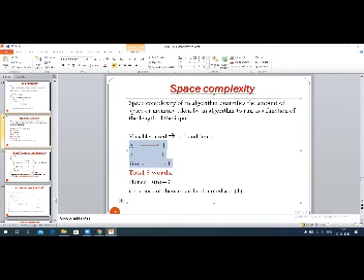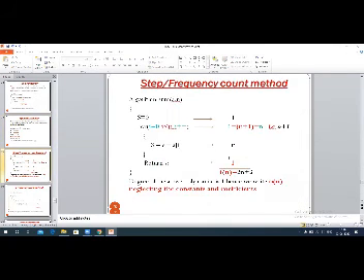Instead of memory locations, we will call it words. So here S of n is 3. S of n means the space complexity of n, that is 3. So here also we are getting the space complexity in terms of a function, and not the actual count. So it is 3 here, and 3 is considered constant.